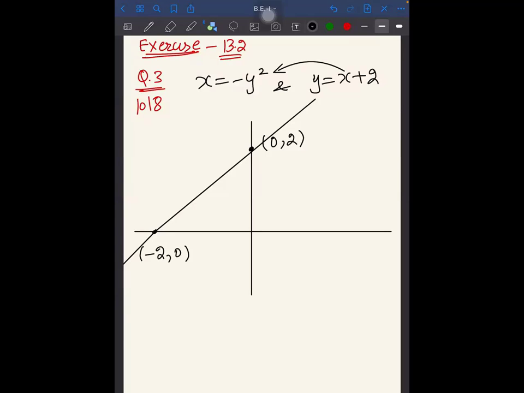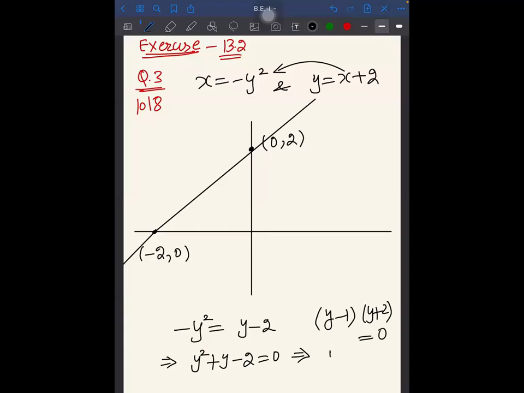Let's first find out. Put x equal to y minus 2 from the line. So minus y square is equal to y minus 2. So y square plus y minus 2 is equal to 0. This becomes (y plus 2)(y minus 1) equal to 0.